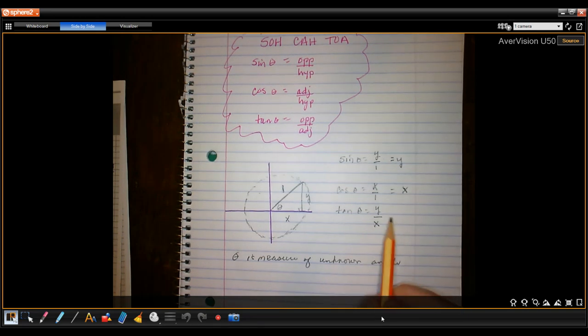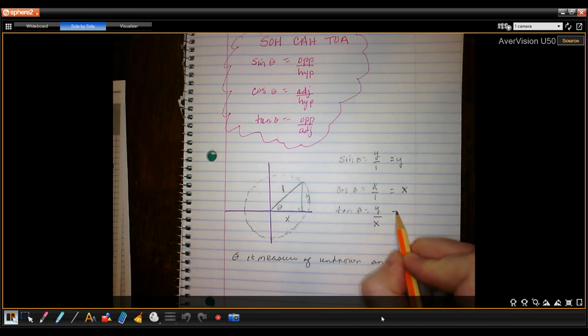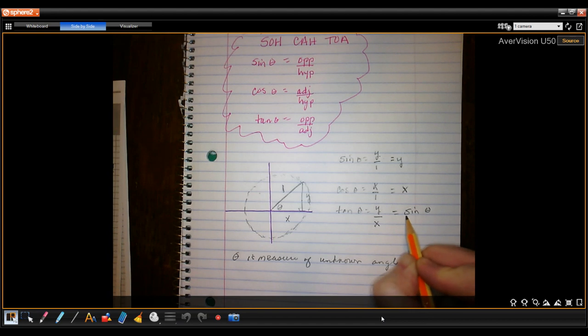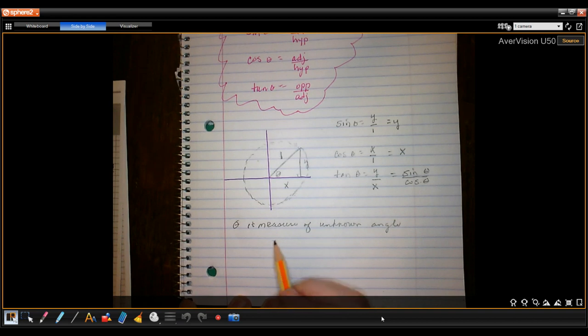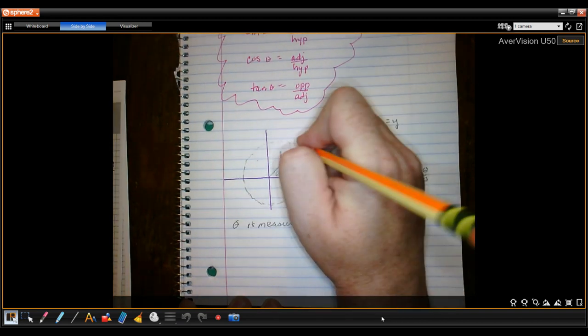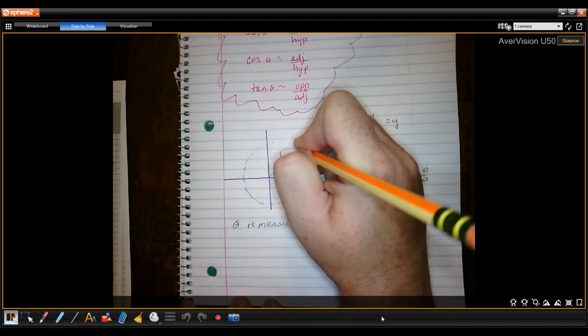Well, then we also could talk about what is y? Y is equivalent to sine. So now we can refer to tangent as y over x, or we can refer to tangent as sine over cosine. Those are all really important. Then if theta is the measure of the unknown angle, you're looking for this point right here.